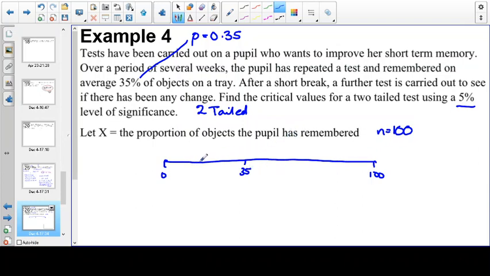So there is going to be a critical value down here, and there is going to be a critical value up here, where any number in here and any number in here would tell us that there has been a change. What we're asked to work out is these two values, these critical regions.